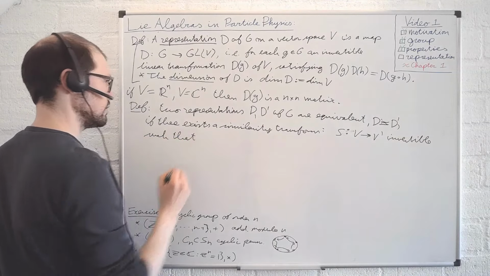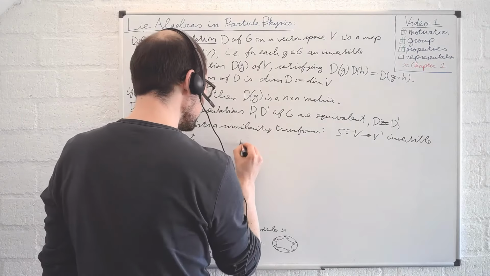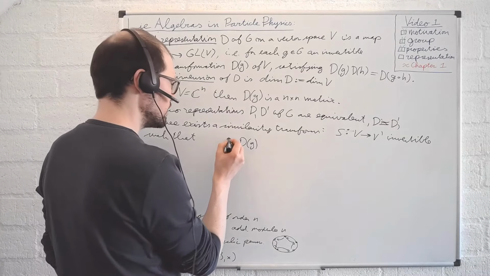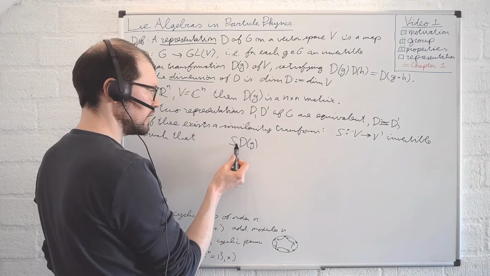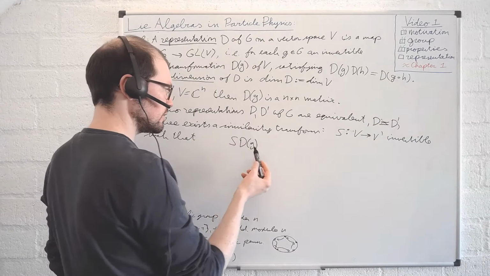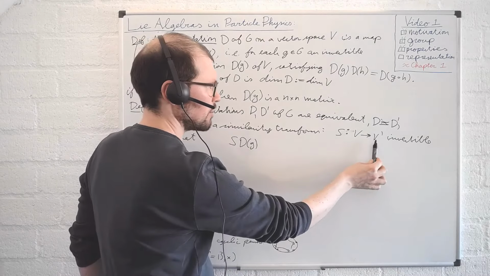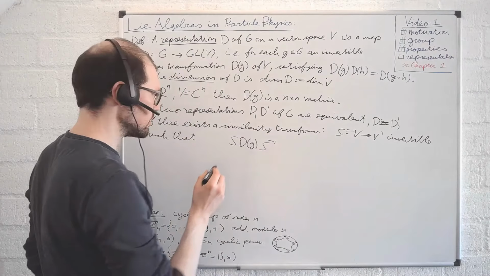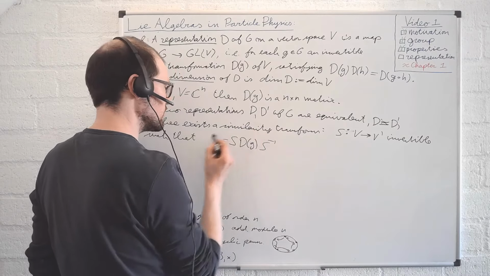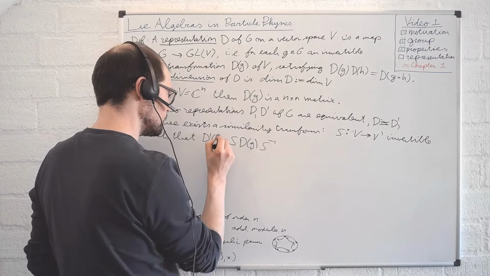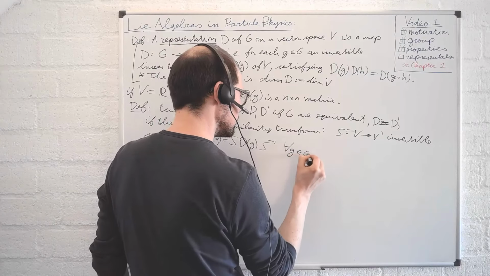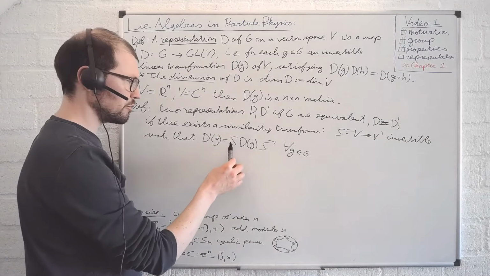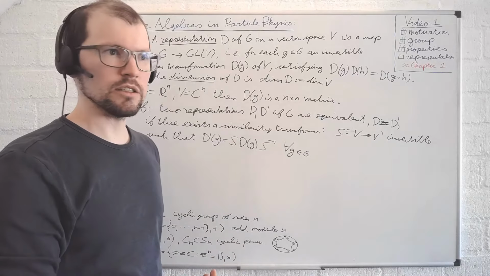such that if I take this linear transformation on V, then I'll take the image to V prime, and I want this to be now a mapping from V prime to itself, so I have to put an S inverse on the right hand side, and I want this to be exactly the representation D prime for all G in G. Okay, this is the transformation that you expect when you just choose a different basis in your space.